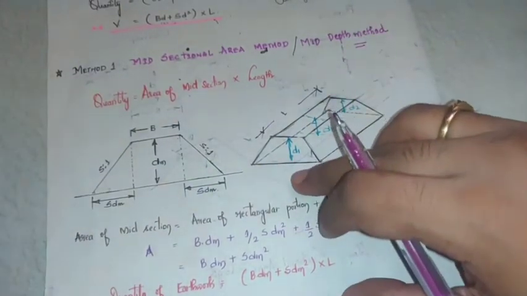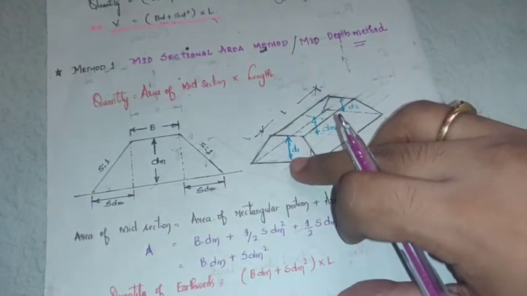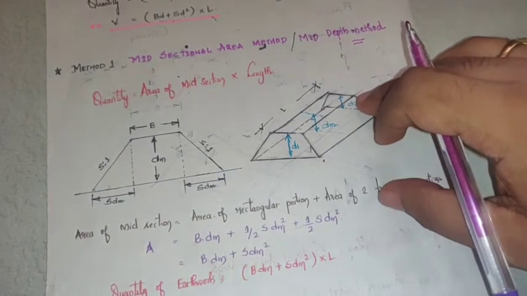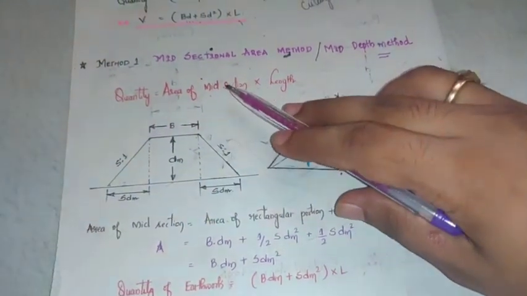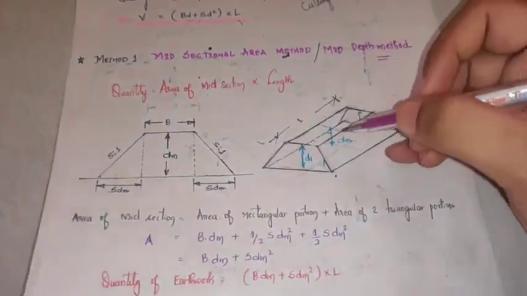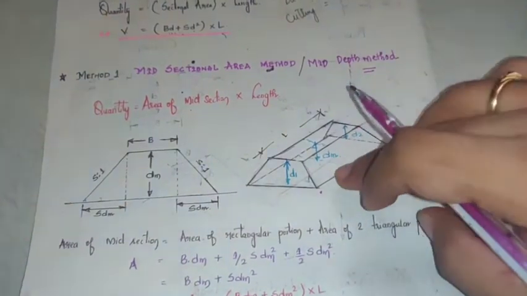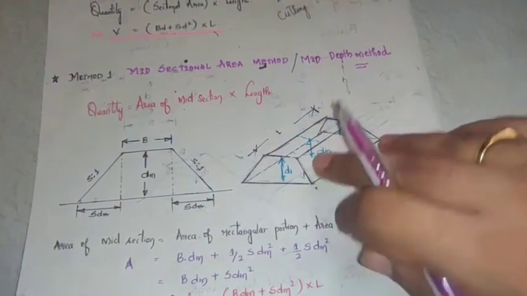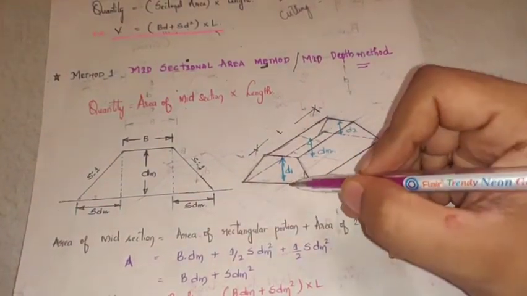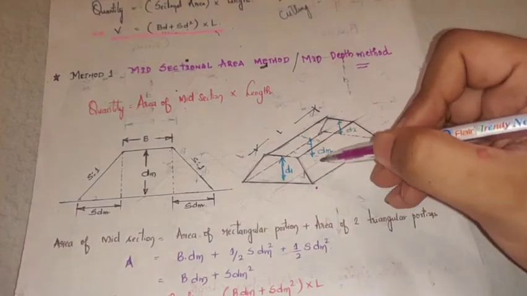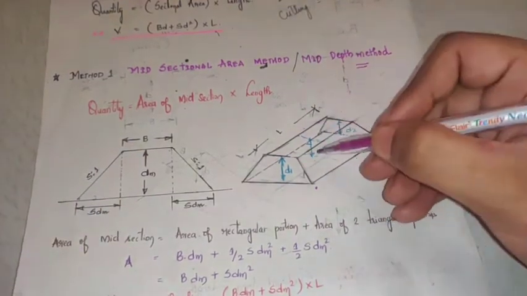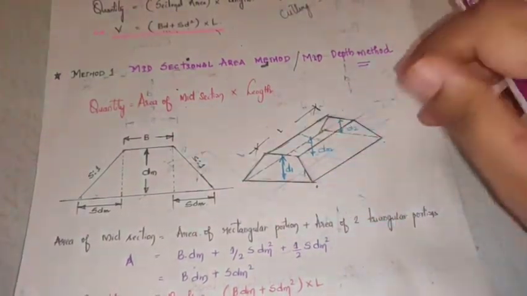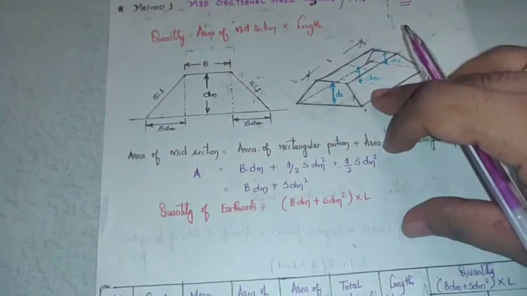So if I say that the depth at 0 chainage is d1 and the depth at the next consecutive chainage is d2, then in method 1, the mid-sectional area method, we consider the mid-section between the 2 points. I'll take the average depth of d1 and d2, so I'll get dm. Length remains the same. Only difference is I am taking the mean depth between these two depths, which I represent as dm.